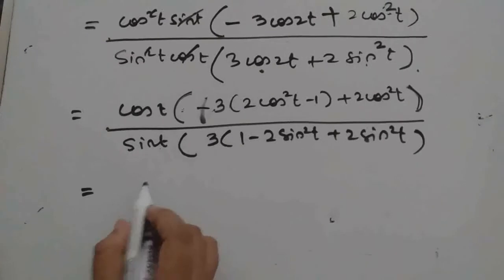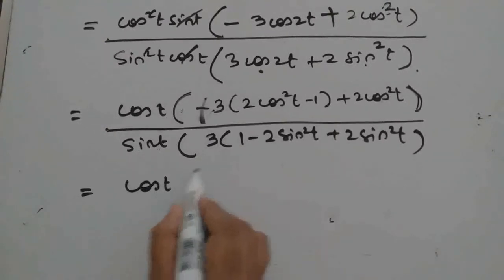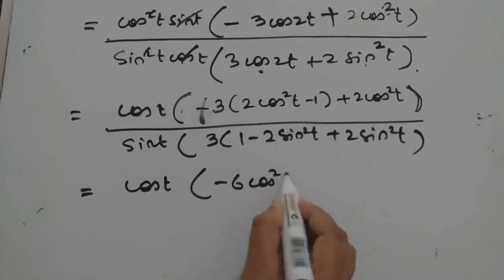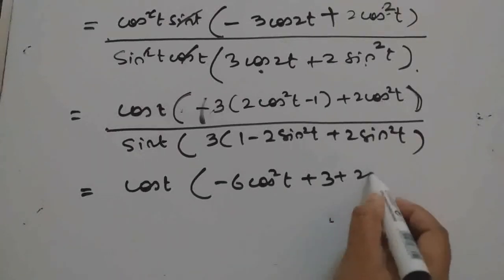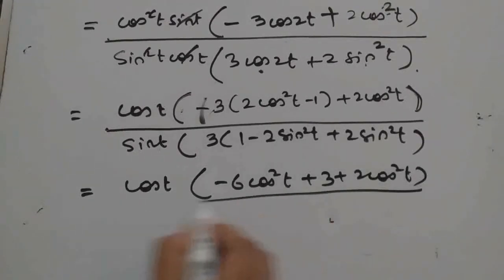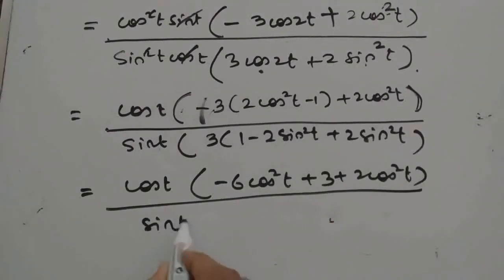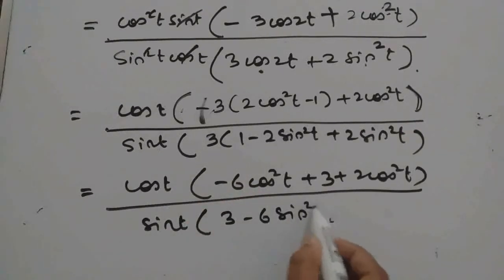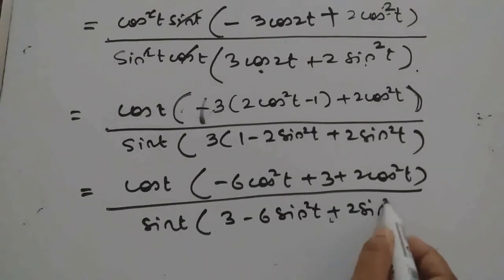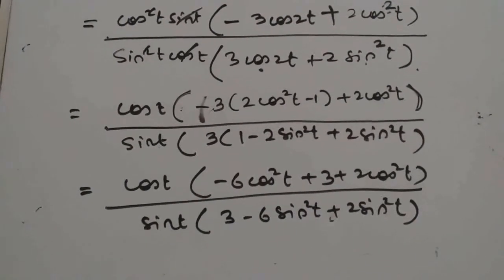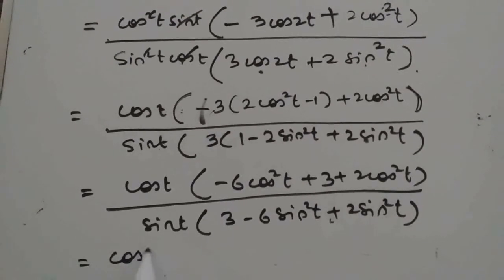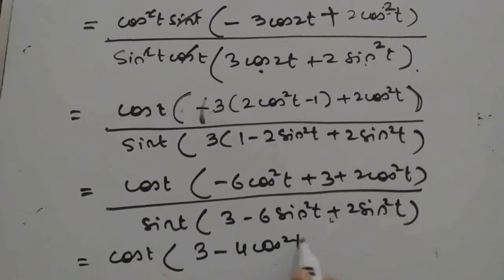So cos t, minus 6 cos square t plus 3 plus 2 cos square t. Here sin t, 3 minus 6 sin square t plus 2 sin square t. So cos t, see, 3 minus 4 cos square t, isn't it?